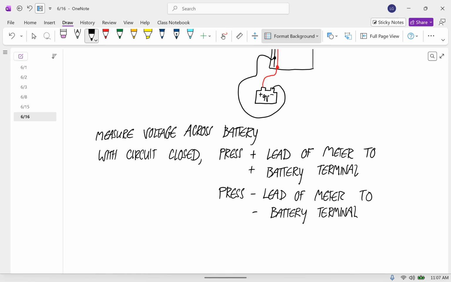We expect this voltage to read somewhere around 9. So look on your multimeter in the upper left quadrant, in those voltage settings. The smallest voltage setting that's still bigger than the voltage we expect is 20, so rotate that to 20 volts. It should read a value somewhere around 9.